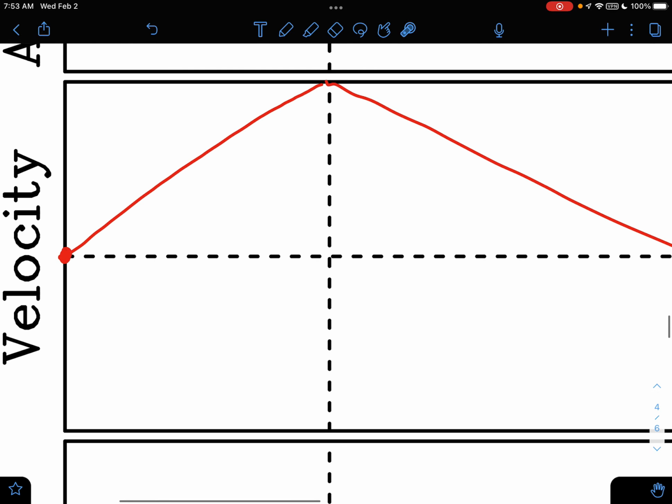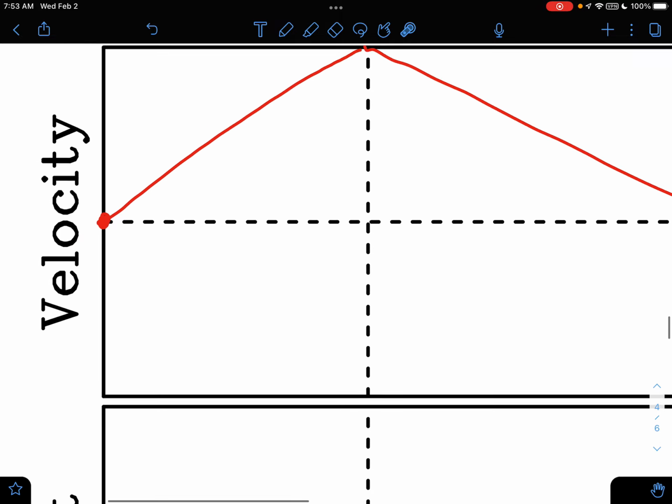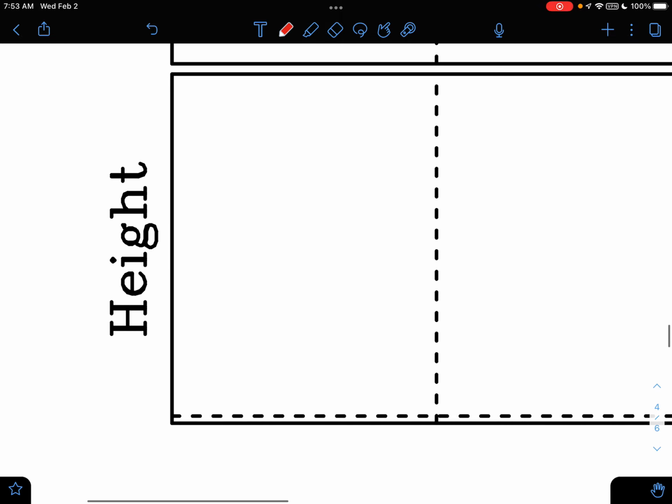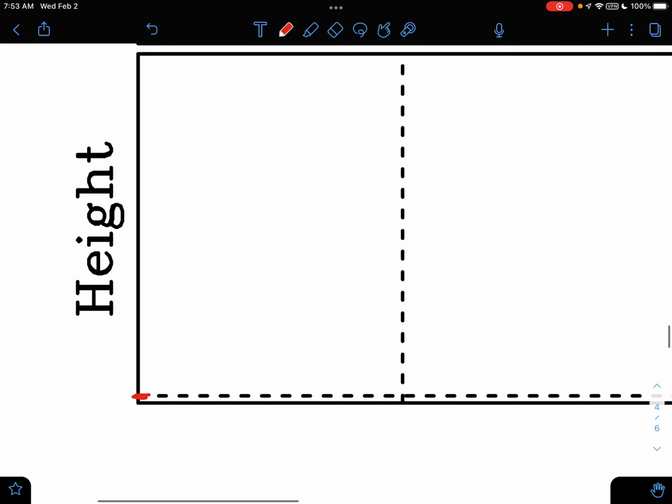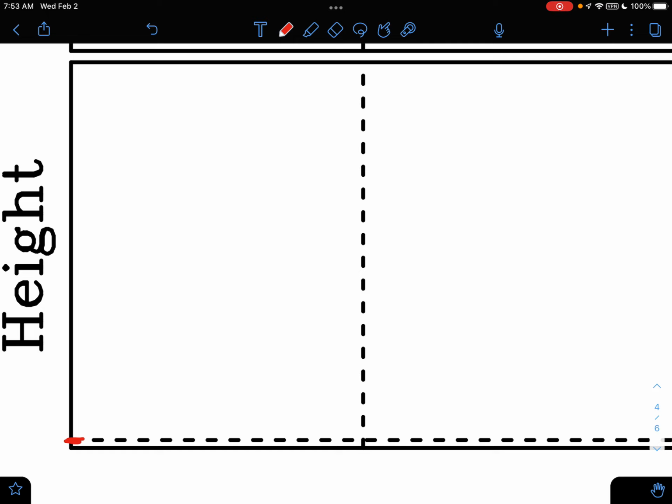First, we have our velocity is positive and getting more positive, right? So we're going to start at our velocity of 0. There's our little horizontal tangent line. And our velocity gets positive and keeps getting more and more positive, right? So our slope is going to be positive and increasing, right?